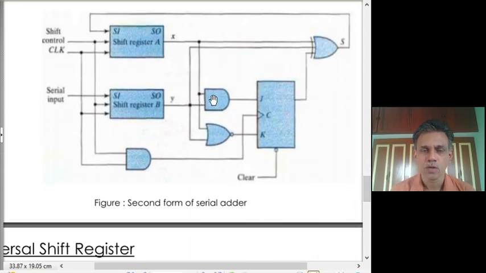So this is how J is nothing but X and Y, and K is X exclusive OR Y. More detailed understanding of that you will know once the design based on JK flip-flop will be clear to you. You can probably revisit this example after the knowledge of the design using JK flip-flop.